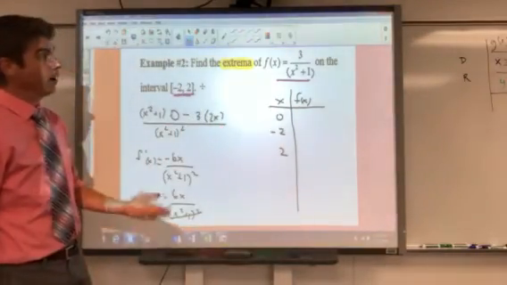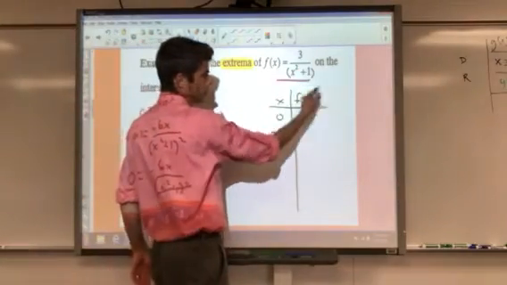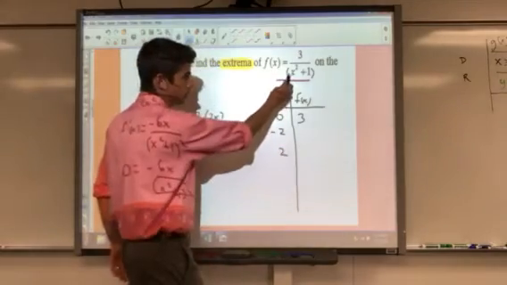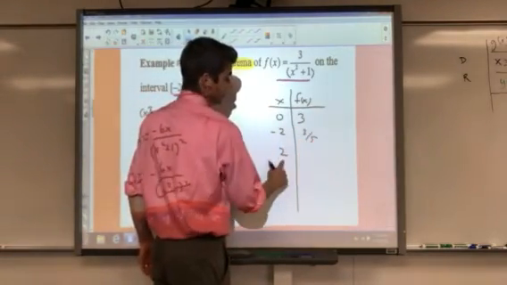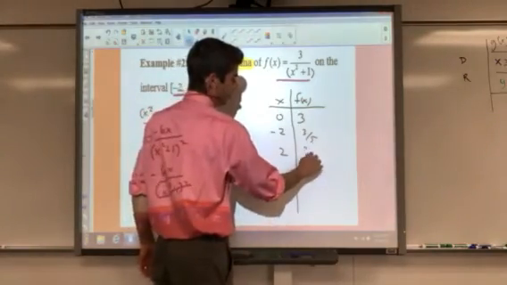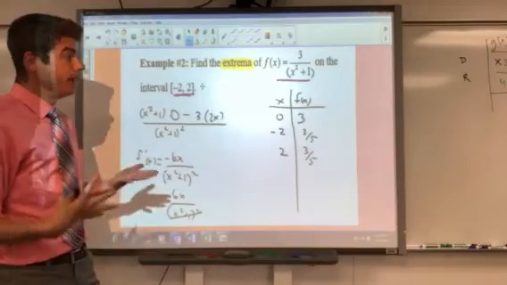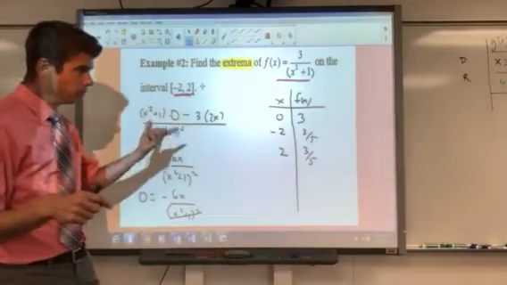And so to get the y values corresponding to these, you put in 0. 0 squared is 0 plus 1 is 1, so we get an output of 3. Negative 2 squared is 4. 4 plus 1 is 5, so we get 3/5. And because that's an even function, we're going to get 3/5 as well. So here, my absolute maximum is 3. When did it happen? 0.